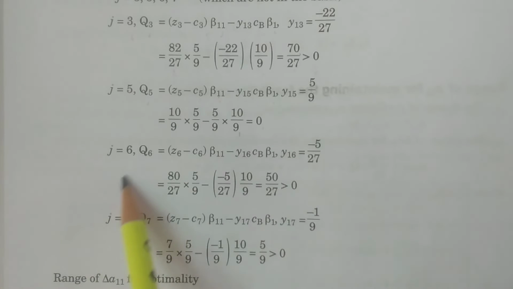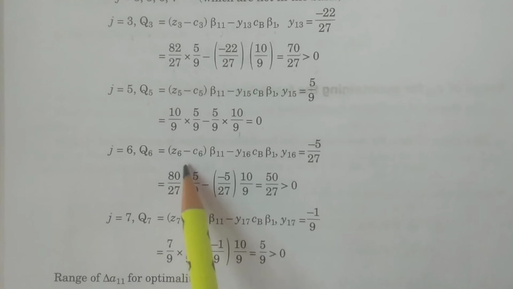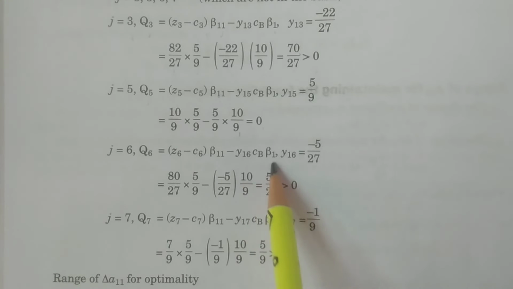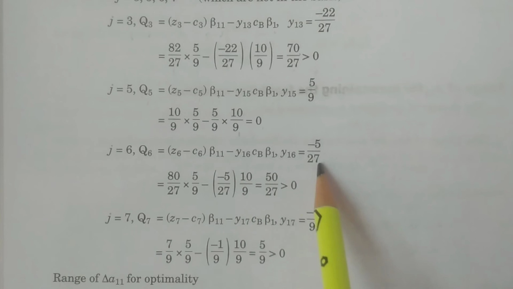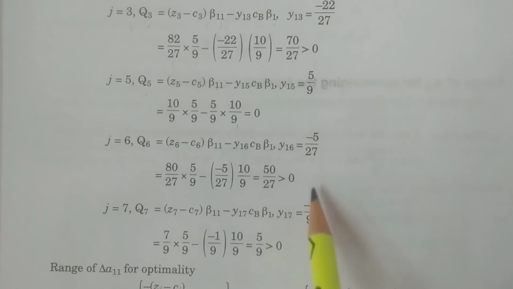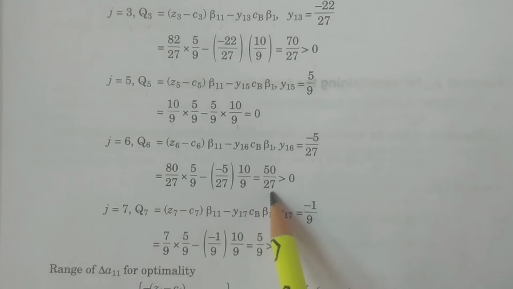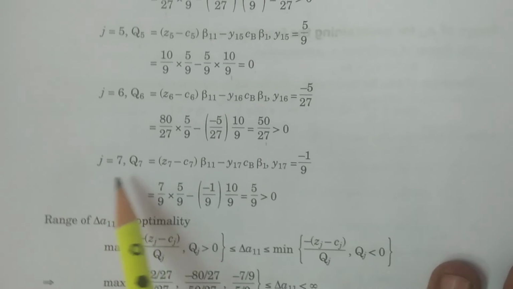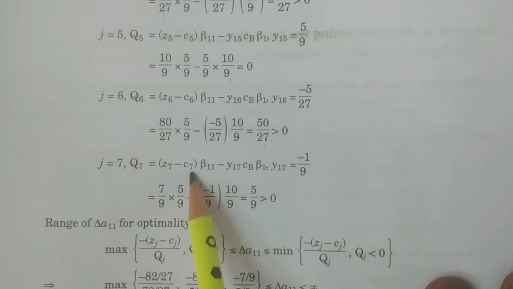Like that, J is equal to 6. You have to calculate Z6 minus C6 into beta 11 minus Y16 into CB beta 1. Y16 is minus 5 by 27. So Z6 minus C6 is 80 by 27. That you see, and so that you calculate. We got the value 50 by 27. Similarly, you also calculate J is equal to 7, Q7, Z7 minus C7 into beta 11.